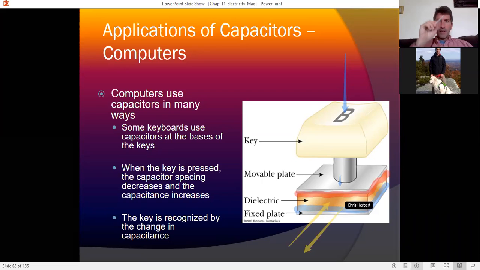So the computer sees a jump in the voltage at that particular location. Then it's going to see a dip in that voltage when I take my finger off. I can tap on any key. They're all wired, and the computer's always sensing when charge flows toward it or when charge flows away from it.